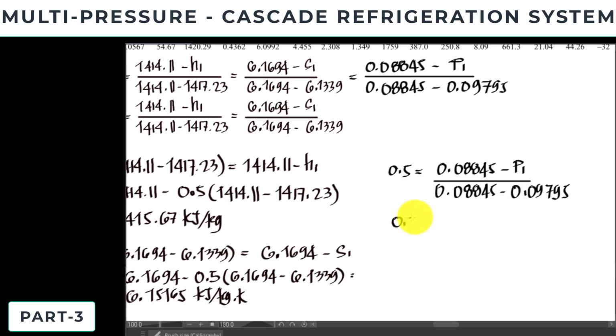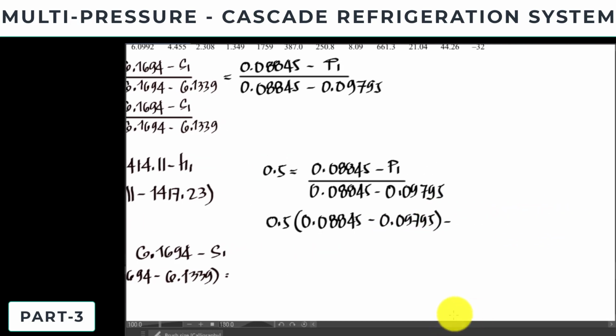Transposing that, we have 0.5 times (0.08845 minus 0.09795) equal to 0.08845 minus my p sub 1.